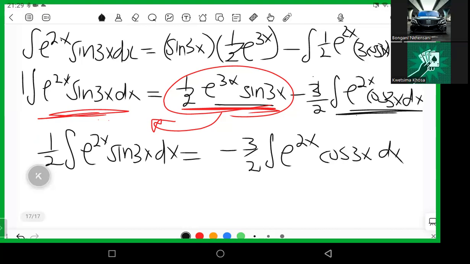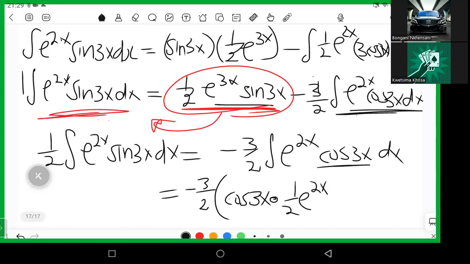So now we'll have to apply integration by parts again. And then u, we know it's going to be that one, right? And then v is going to be what? 1/2 e to the 2x, because you're going to see the integral of e to the exponent 2x, then integrate, you're going to get 1/2 e to the 2x.